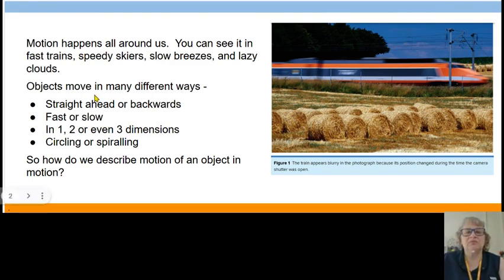Objects move in many different ways. They can move straight ahead or backwards. They can move fast or slow. They can move in 1, 2, or even 3 dimensions. They can move in circles or spirals. So how do we describe motion of an object in motion?